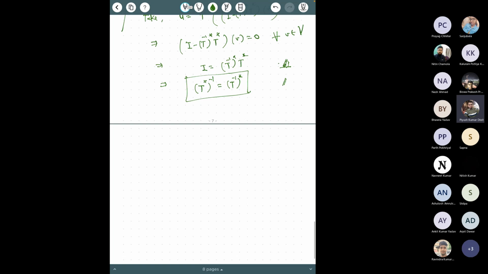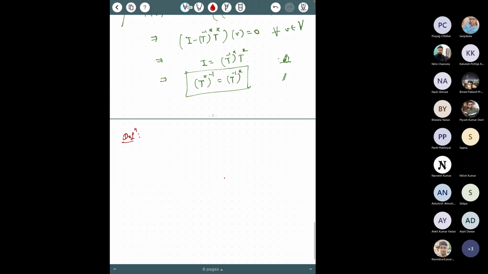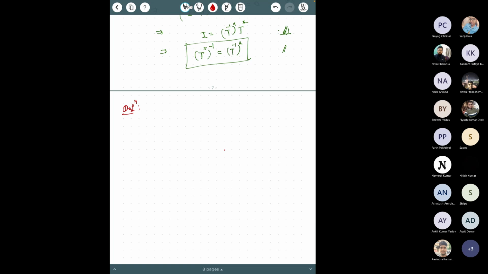Yes. So basically what I'm trying to say, let me write this so that everybody knows. I'll write this as a definition so that those who don't know also know this.